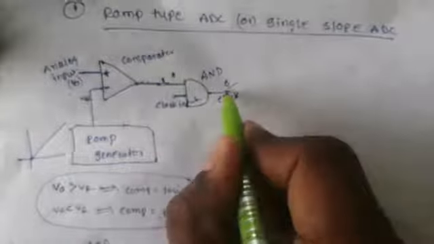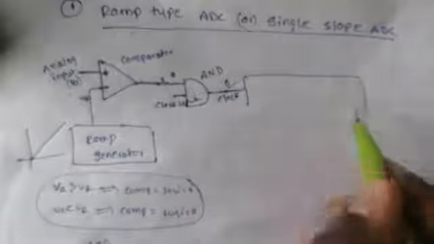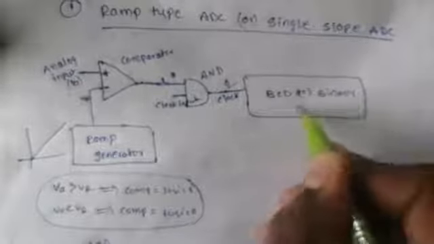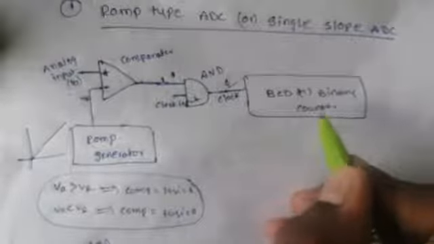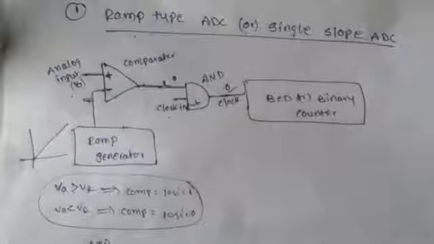Like this, the output of this AND gate will be connected to the BCD or binary counter. What is the meaning of counter? The counter starts the counting operation of how many clock pulses are received.